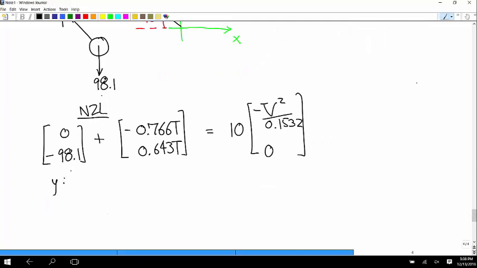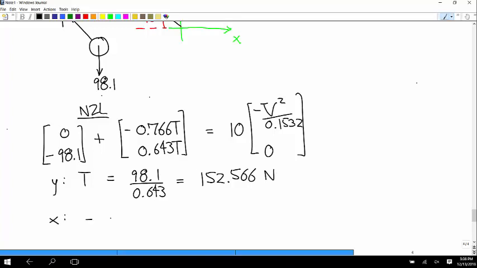So first, the y equation says T is equal to 98.1 divided by 0.643. What do you get for that? 152.566 newtons. And then plug that into T in the x equation.